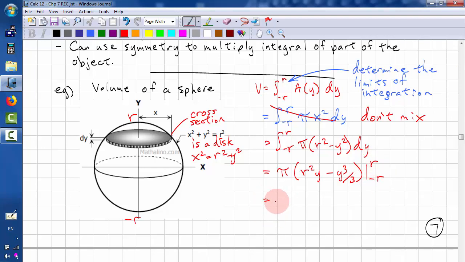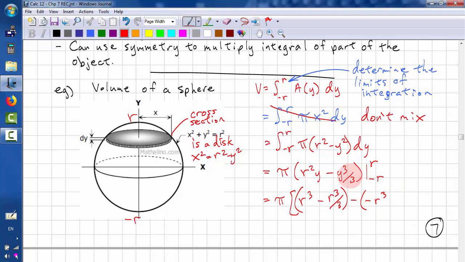Substituting, we get pi. We're doing the positive r first, so r cubed, substituting r for y, minus r cubed over 3, minus, and negative r, so that's negative r cubed.